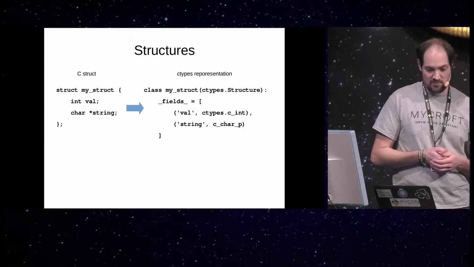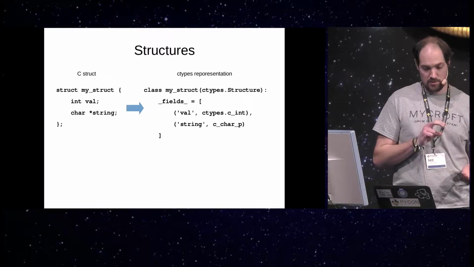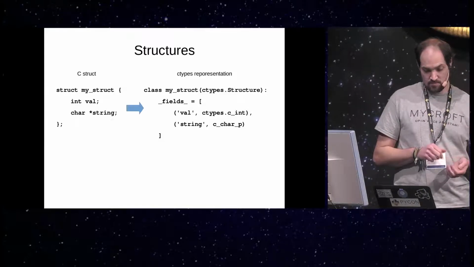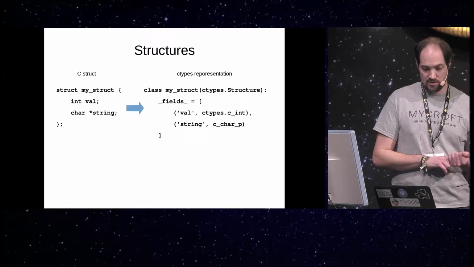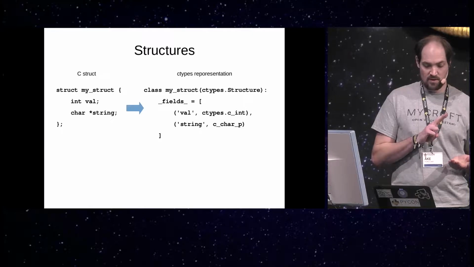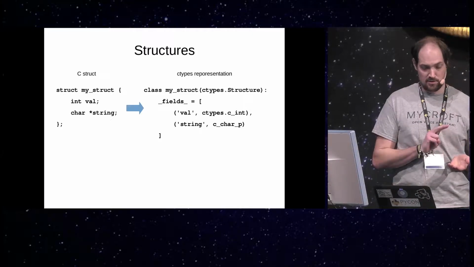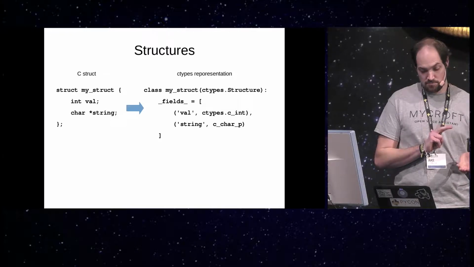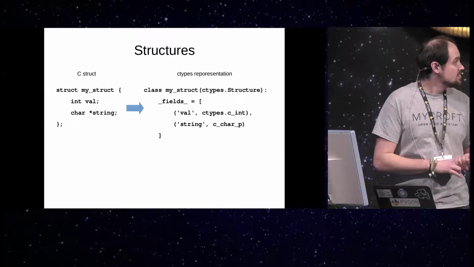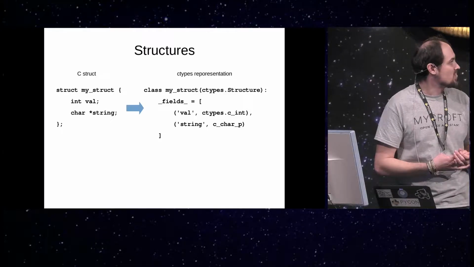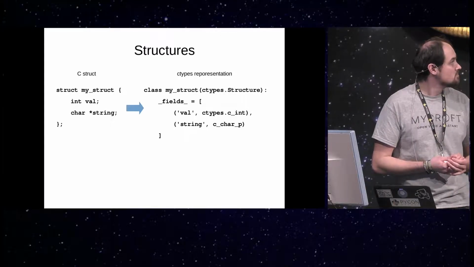So in this case, we have a struct with a value and a string pointer. We add the fields of a val, which is of type c_int, and a string, which is of type c_char pointer. So you can see there's some sort of similarity between these two.